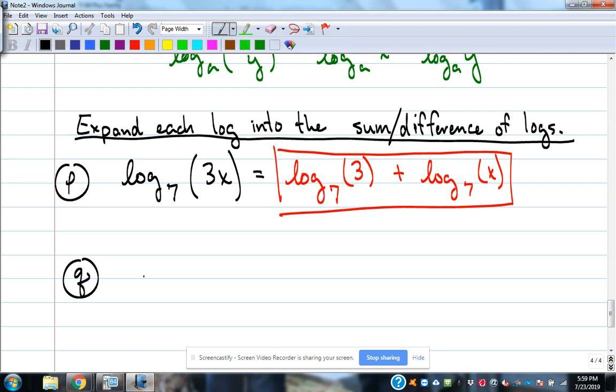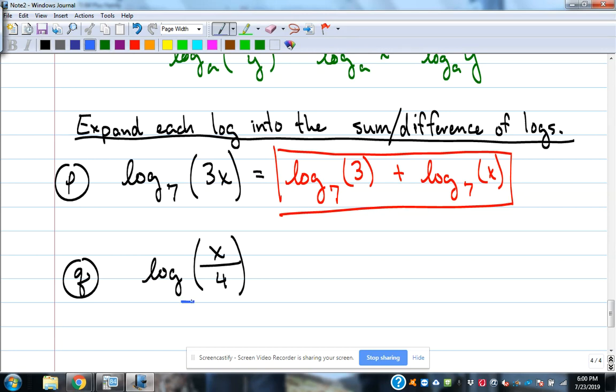Let's say we had log of x over 4. What's the base on that log? It's not written there.